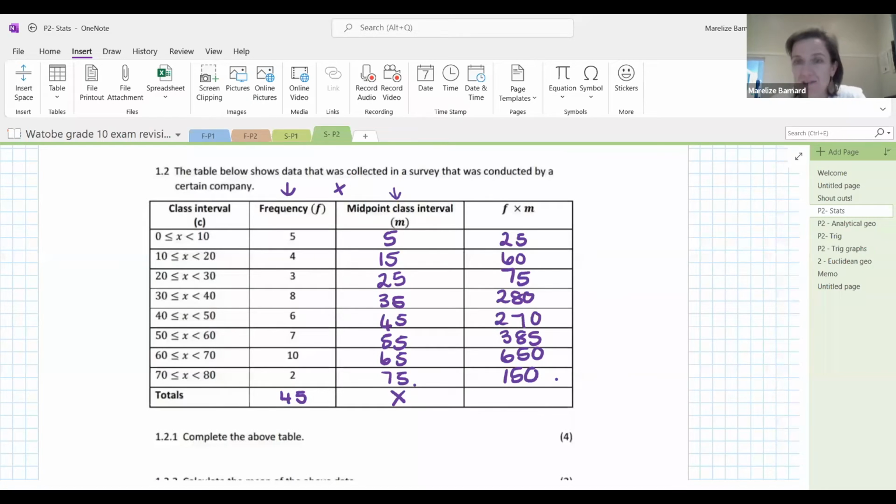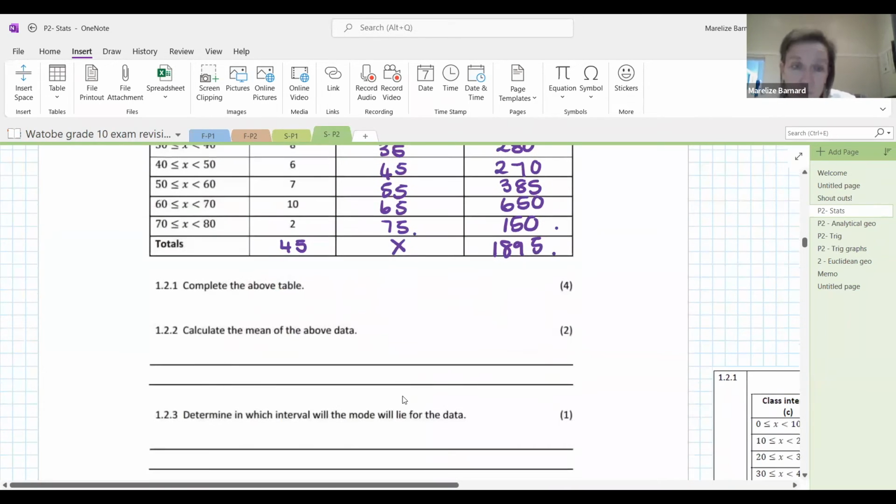Okay, so 1895 seems to be what people are getting. So 25 plus 60 plus 75. Let's add all of this up. 1895 it is. Okay, so for doing all of that, you get 4 marks.